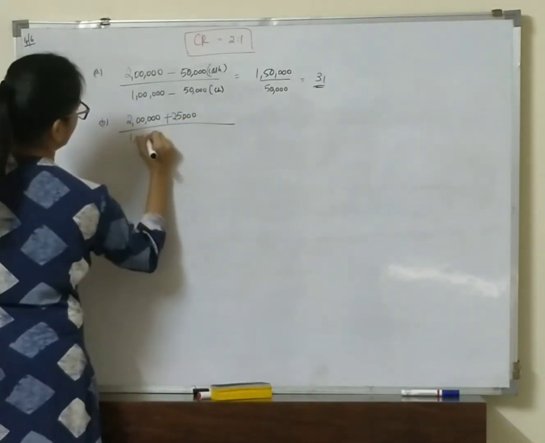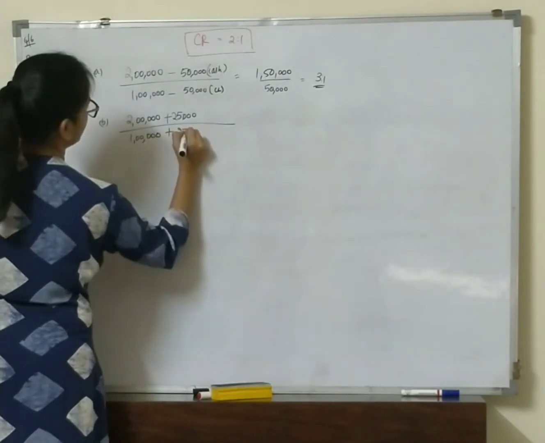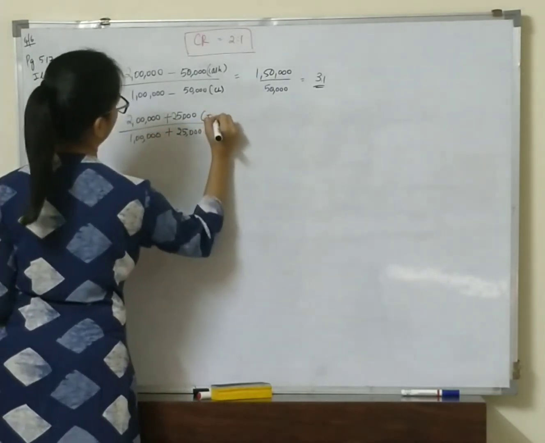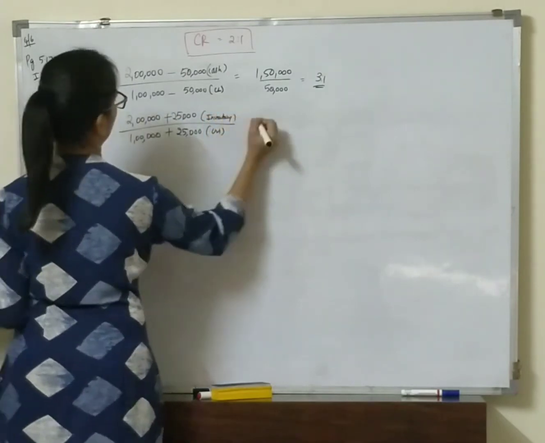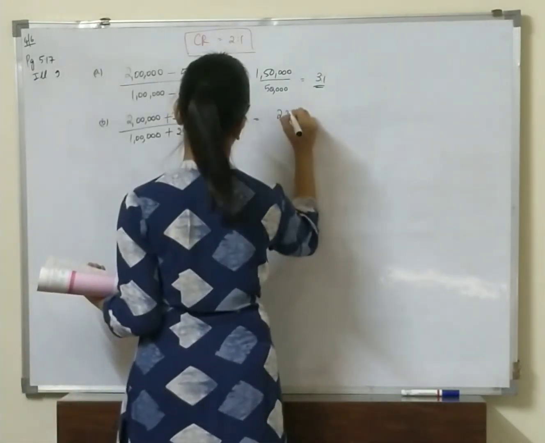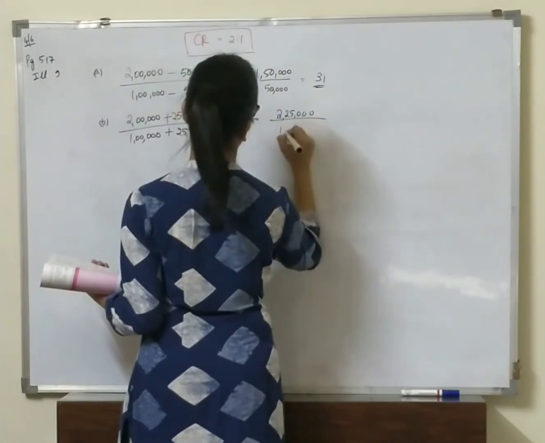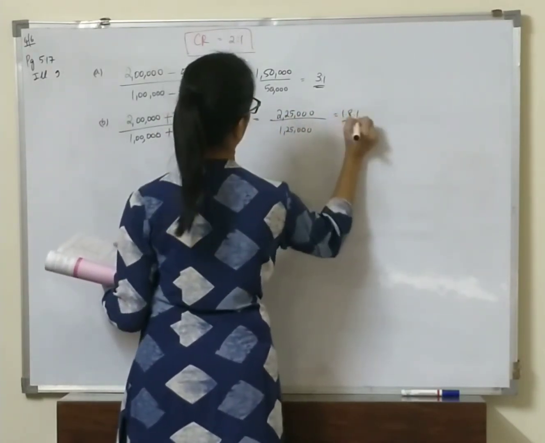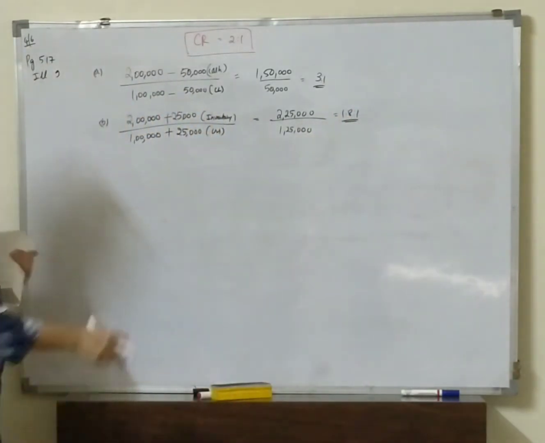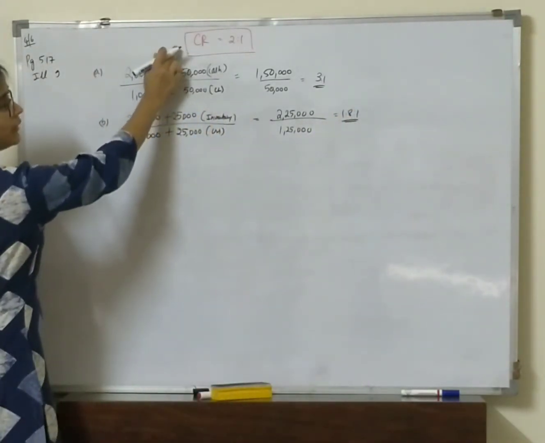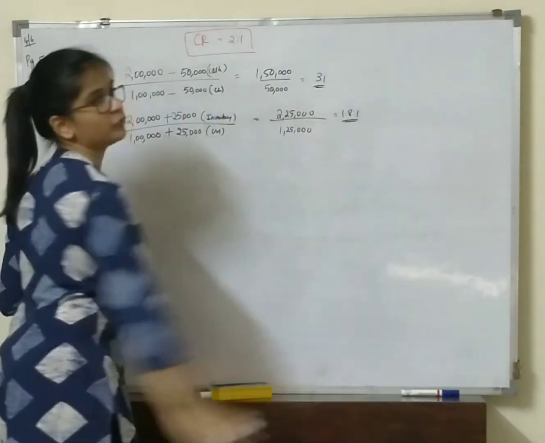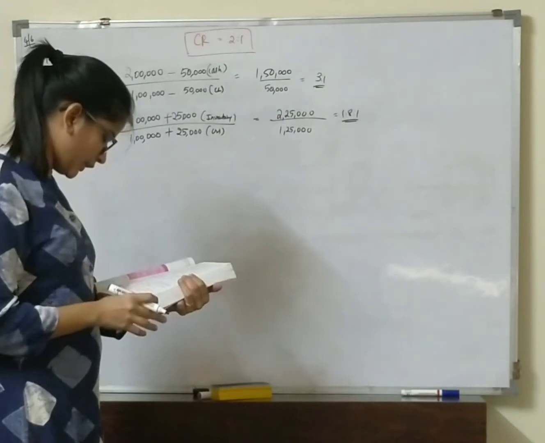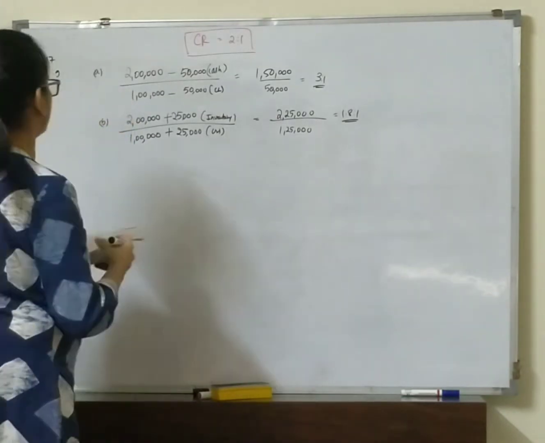Again, your current liability also increases because your creditors are increasing. This is inventory. So what will happen? 2,25,000 divided by 1,25,000, which is 1.8:1. So what has happened to the current ratio? Ideal ratio is 2:1. From 2:1 it has reduced to 1.8:1. So next line you write down, current ratio is reduced.